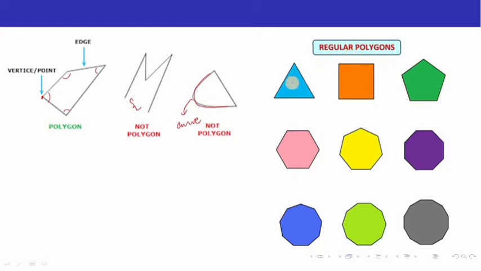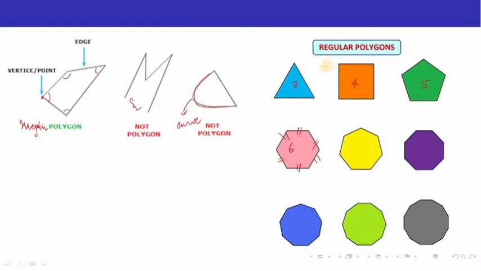For example, here you have got 3 sides, here 4 sides, here 5 sides, 6 sides, and it continues in the same way. If you observe, all the sides are equal to each other. I hope this is clear to you. Having understood what a polygon is, you can call this an irregular polygon, and this is a regular polygon.